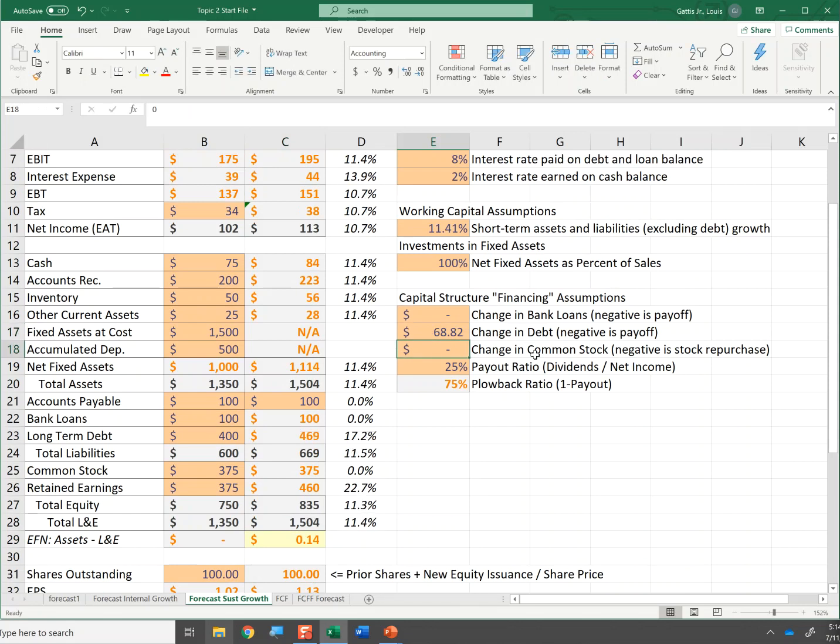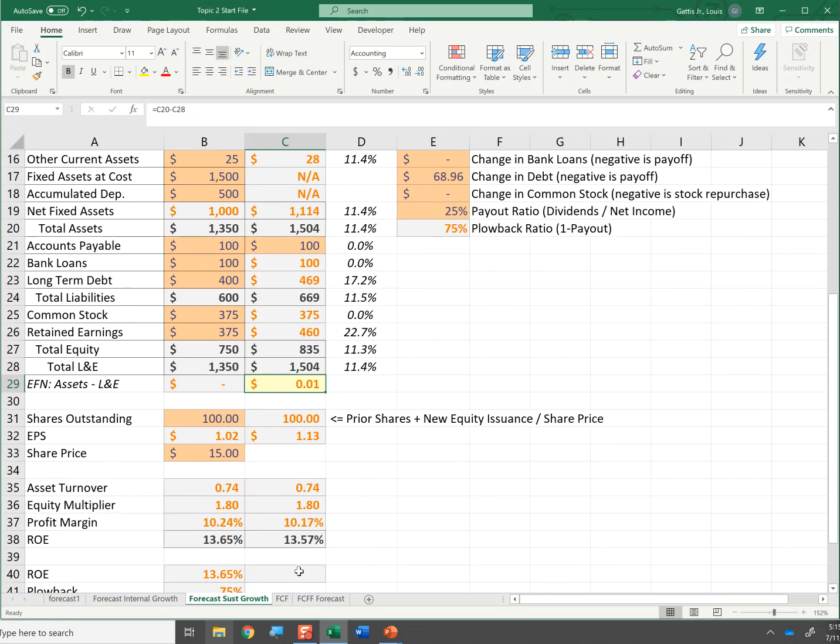I'm going to add that, do another one, plus 14 cents, plus a penny. It looks like if I issue $69 of debt, I've plugged the difference. Whoops, looks like I've got a little bit extra there. So we'll just leave it there, $69 of debt. I've got this down to about 0.